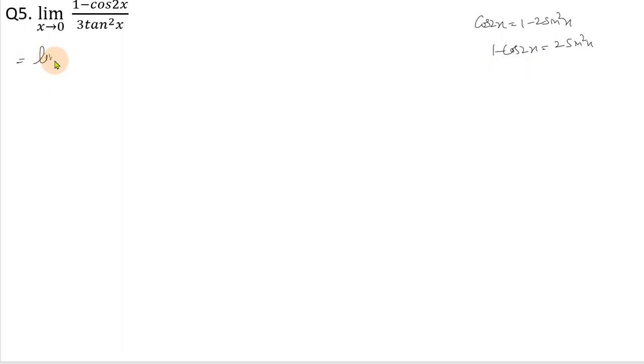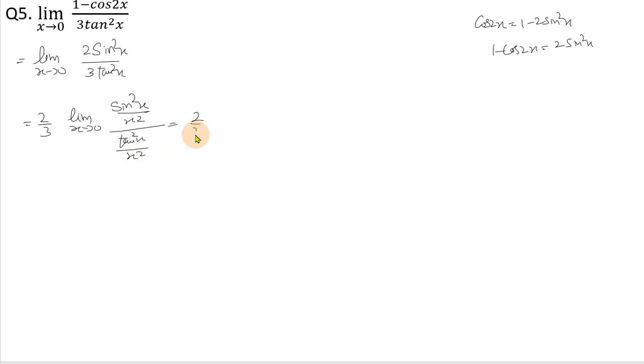We have already used this formula with the angle x, 1 minus cos x. So we write it as limit x approaches to 0, and this becomes 2 sin square x upon 3 tan square x. Now taking 2 by 3 out, we write limit x approaches 0. Now dividing both numerator and denominator by x square, so that we can apply the formula sin x upon x and tan x upon x.